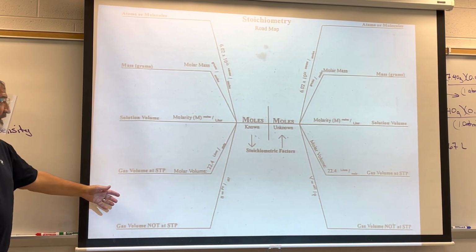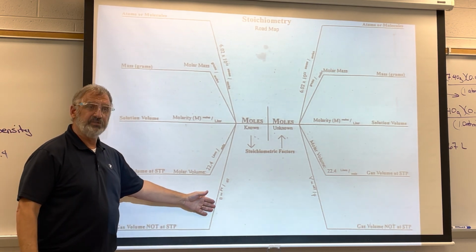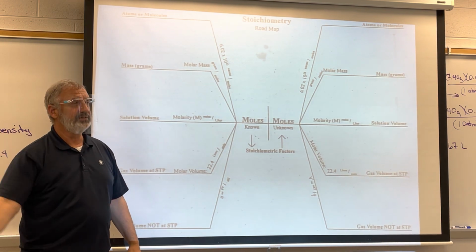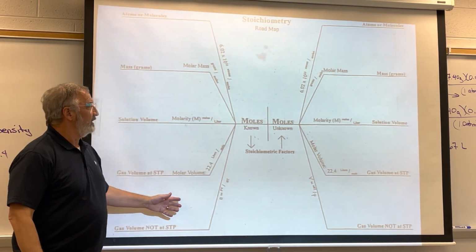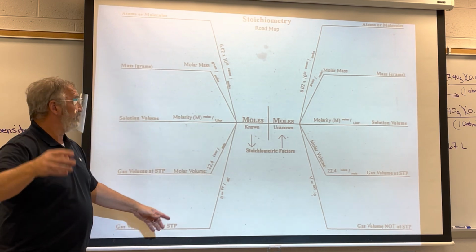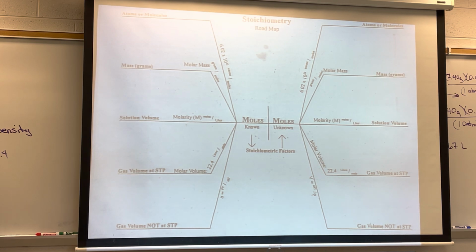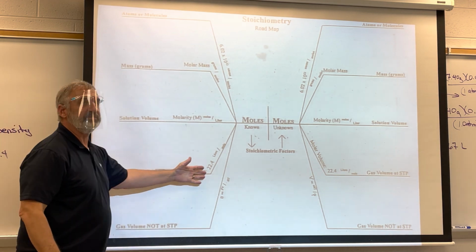You got to stop, get moles, then go moles to mass, or moles to whatever. But all the other ones you can just keep going because they're all just conversion factors. Does that make sense to you? Do you understand how this thing works? Hopefully it gives you a little bit of a visual on where am I starting, where am I going, what do I need to do, how do I get there? It's just the stepwise process. All we're doing is adding in different conversion factors.